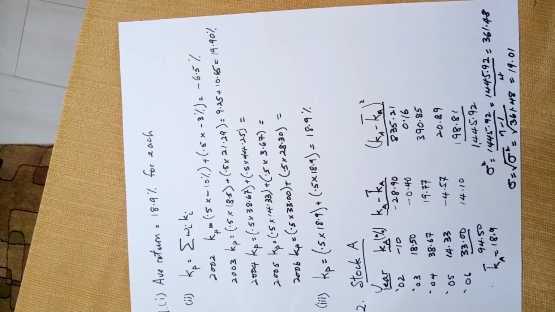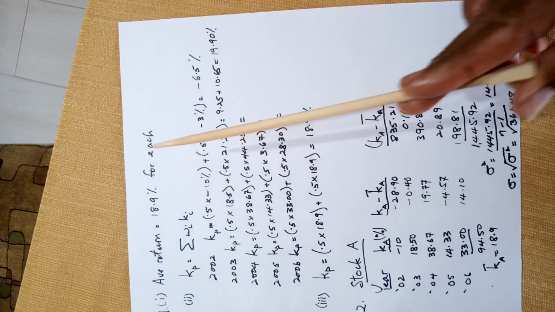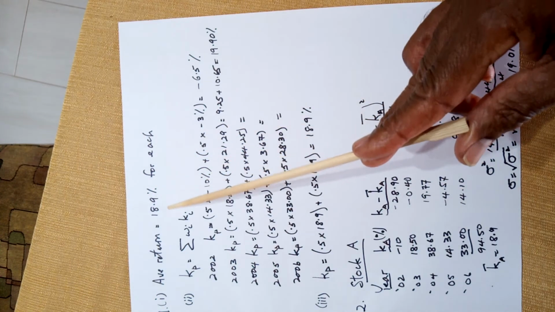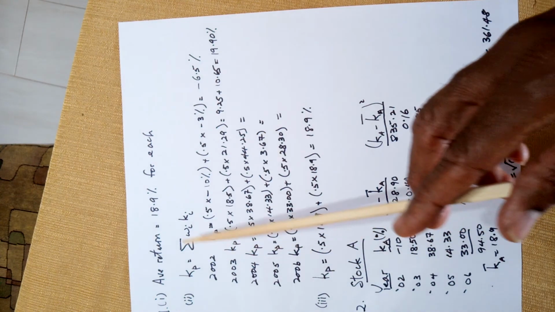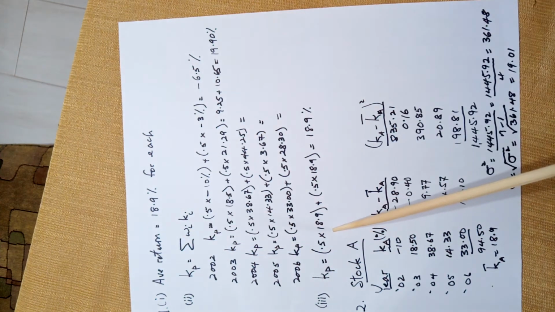We have already found the average return for each one of the stocks A and B to be 18.9%. We were already told that the weight, the relative amount of each, is 50-50. So this equation becomes this.